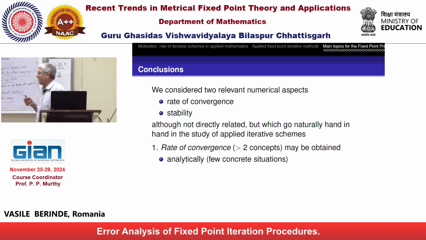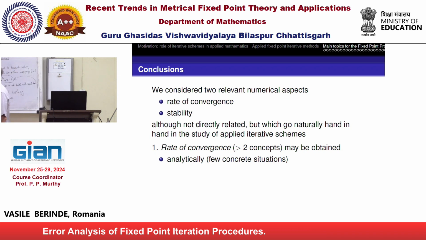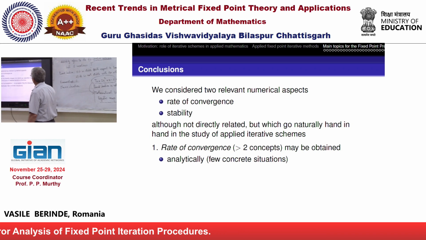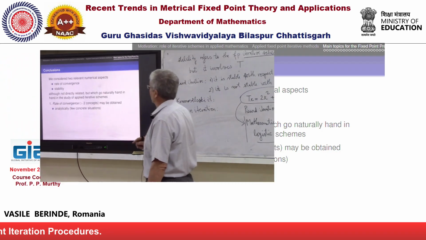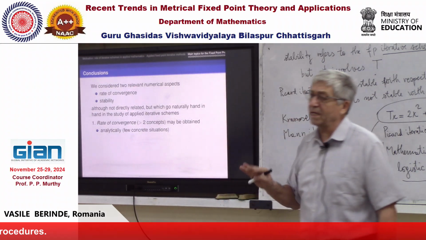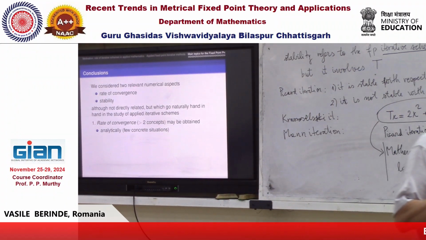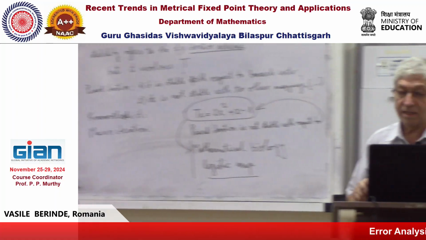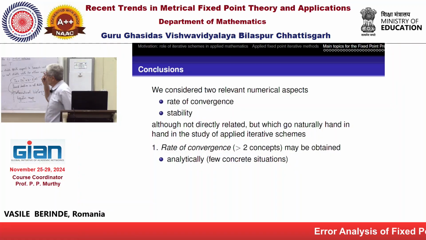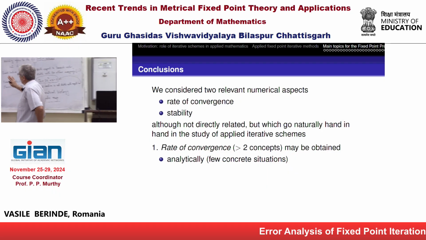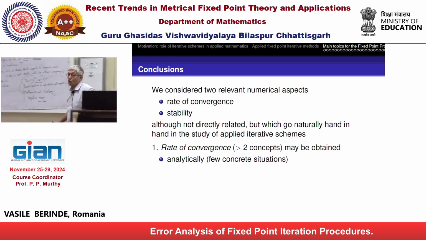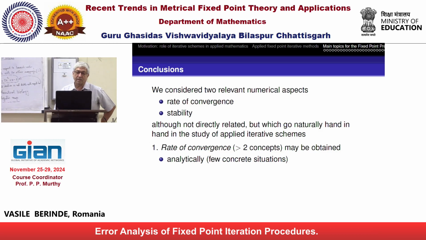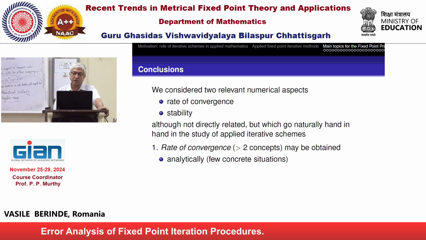And then we cannot say in general; this is related to rate of convergence. Stability is a very sensitive property of fixed point iterative schemes. Not many papers will you find about stability, just theoretical. In my book, you'll find a few facts about stability, but not all the information that is now available in the literature.